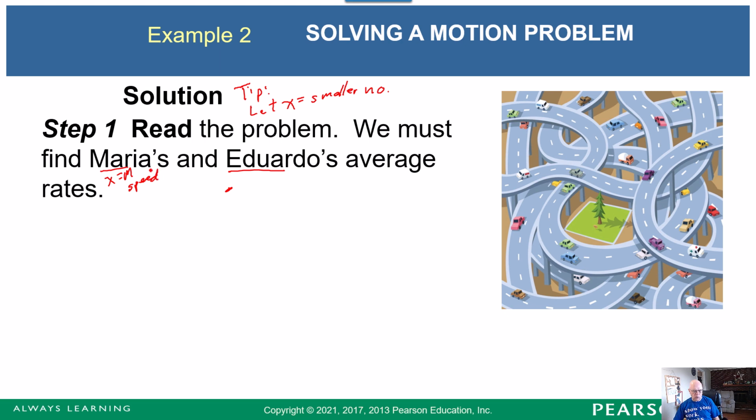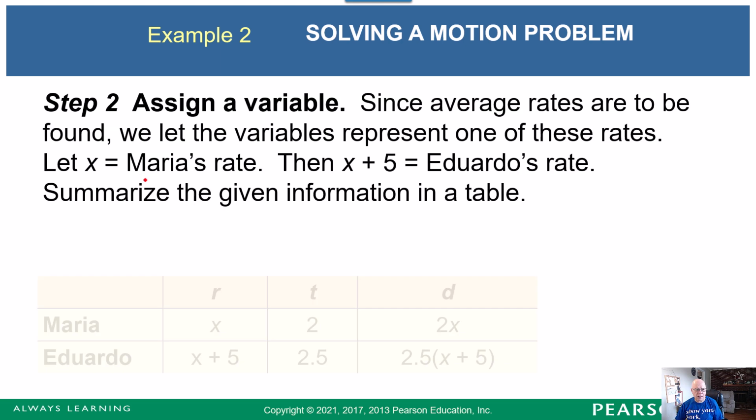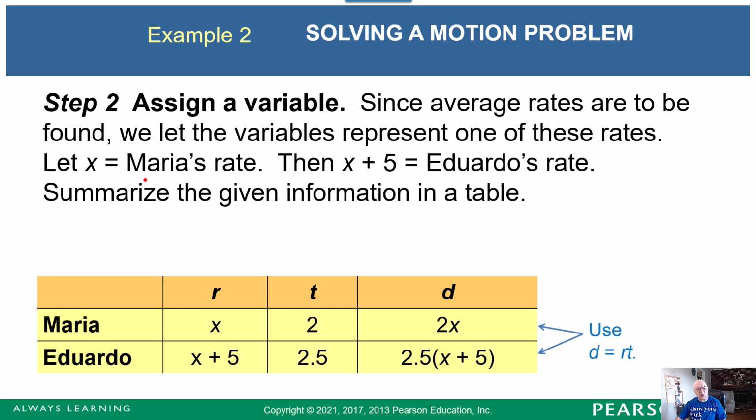And then Eduardo's, go back and check. I'm not going to continue going back and forth. So this is what it looks like, and this is a good idea for you to use. Use a table like this. It organizes things. Notice that on the top we've got the rate, time, and distance.